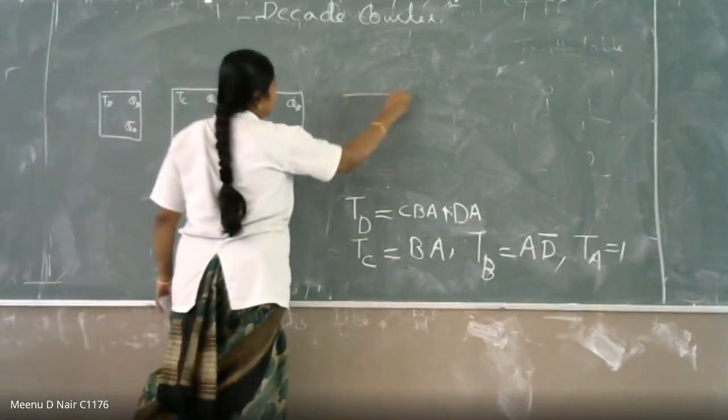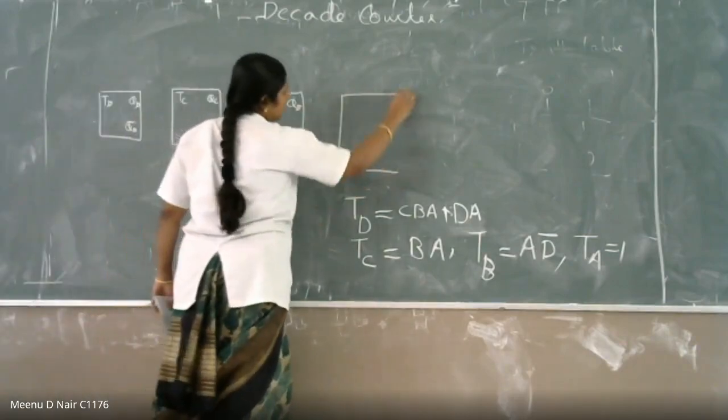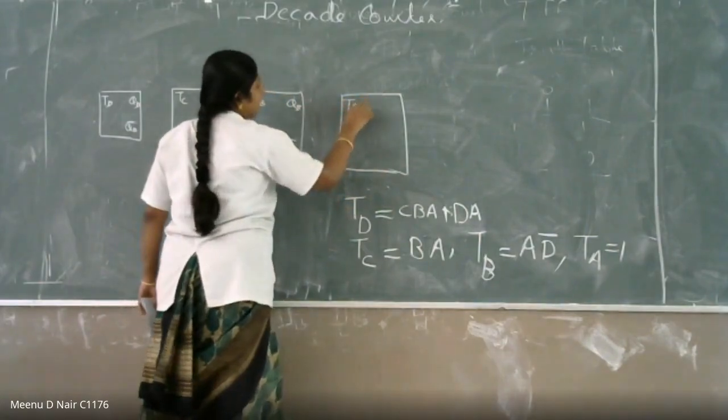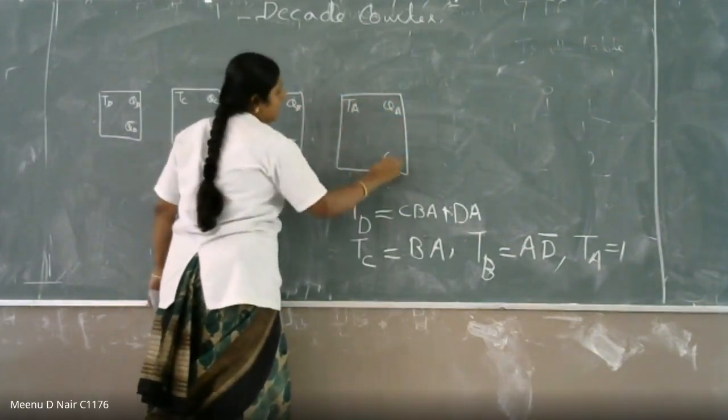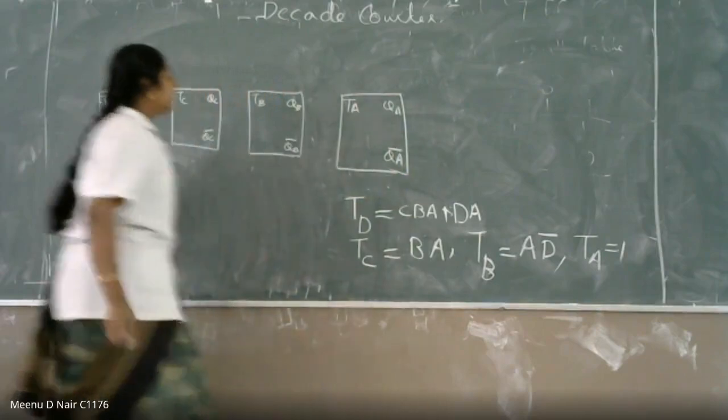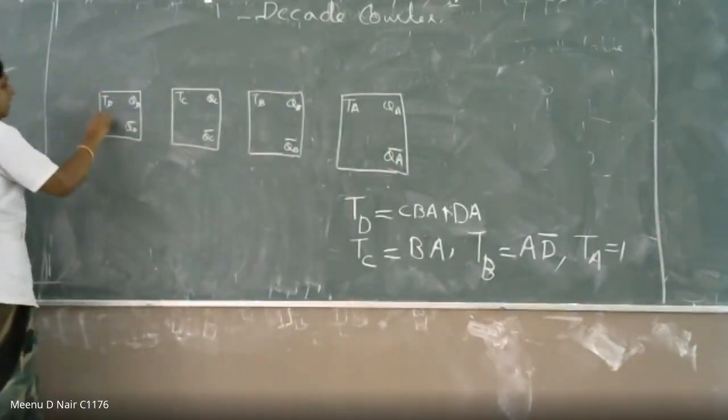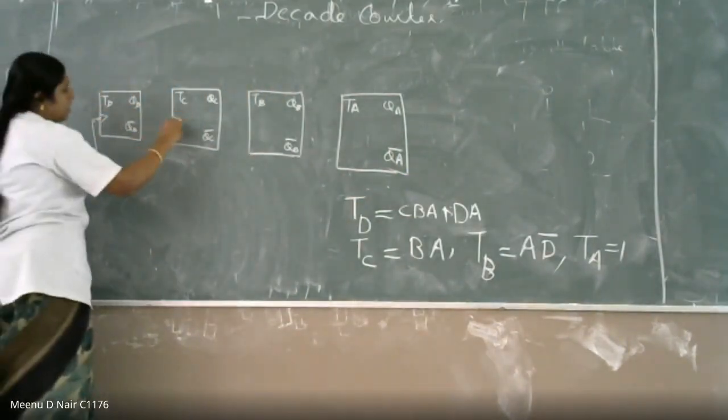And the last flip-flop is TA, and this is QA, QA bar, right? So all are synchronous sequential circuits, synchronous counter only.